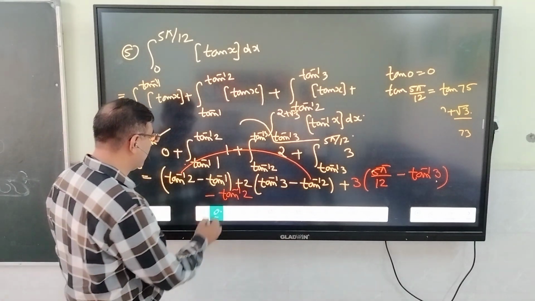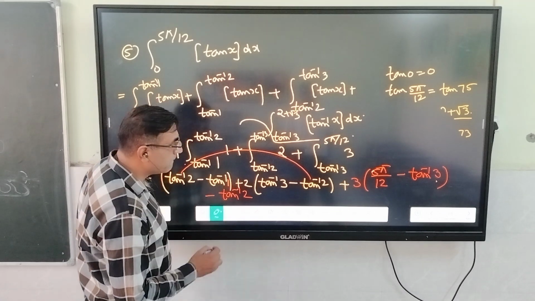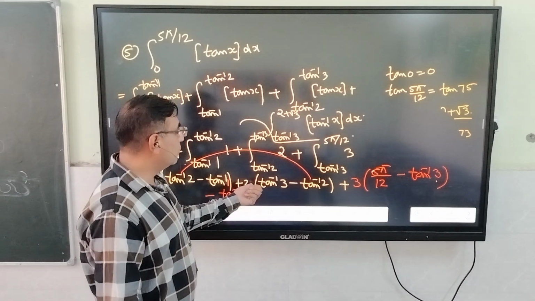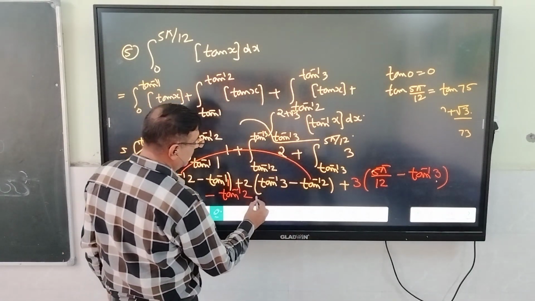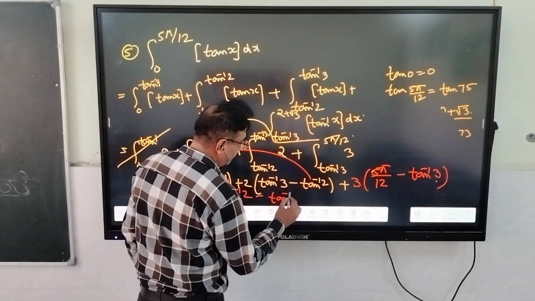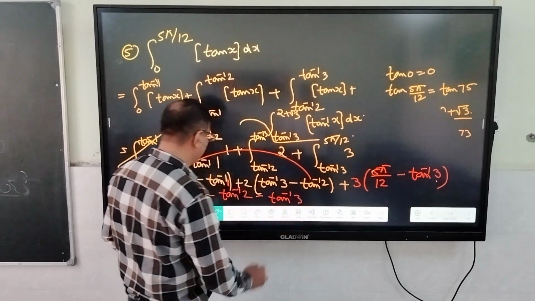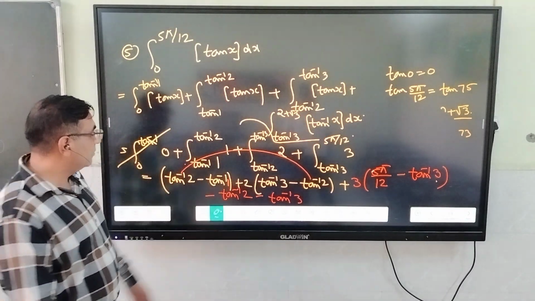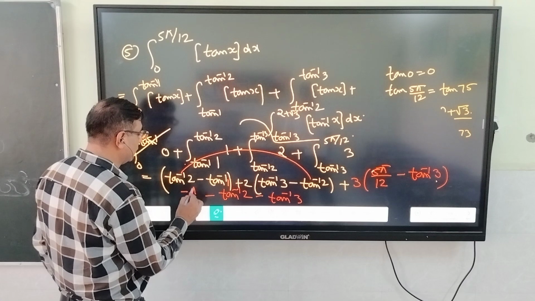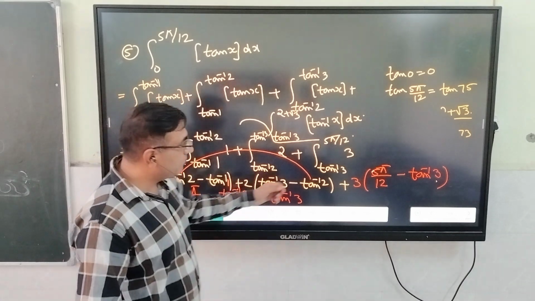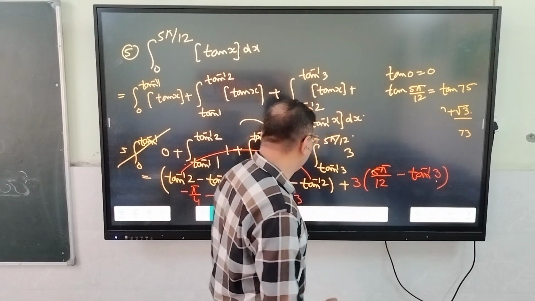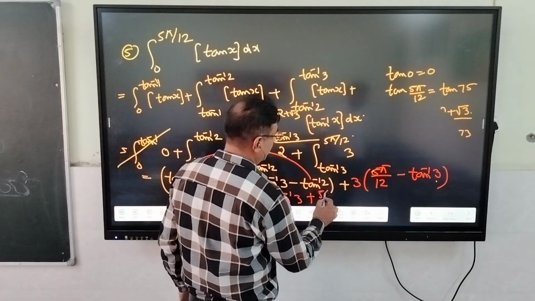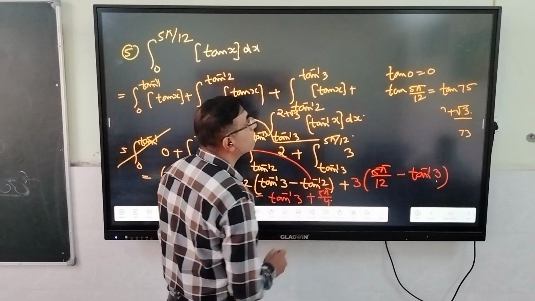And if we club this 2 tan inverse 3 minus 3 tan inverse 3, it will become minus tan inverse 3, and this is tan inverse 1, so it will become minus pi by 4. And one more thing will remain here, this will become 5 pi by 4 plus 5 pi by 4.